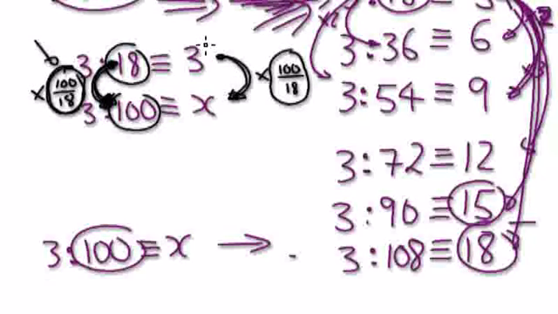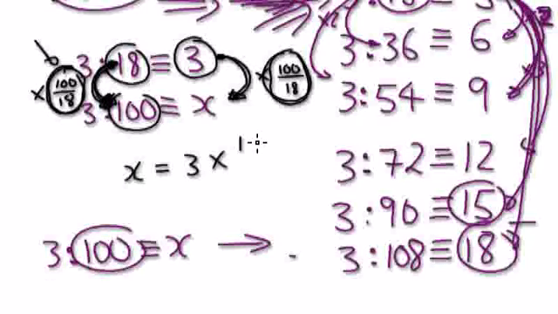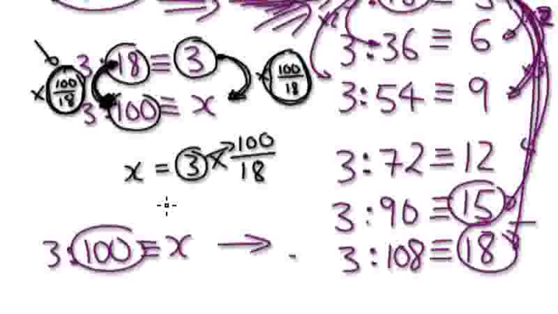So now if you want to know x, you just get this times the multiplier. So x will be 3 times 100 over 18. This is multiplying a fraction, so it gets multiplied to the top. So it boils down to 300 divided by 18.